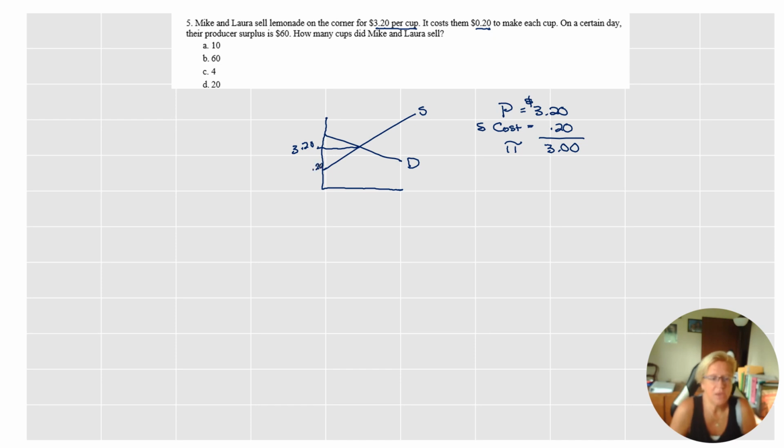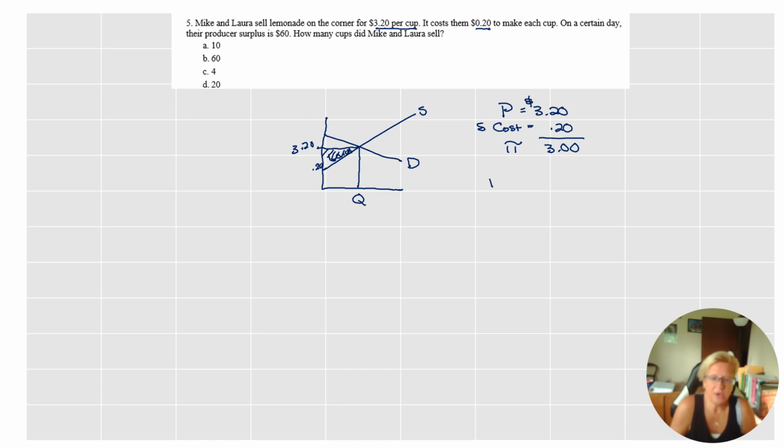Remember that producer surplus is the area below the price, above the supply curve, and we follow it over to the quantity that is sold. In this particular problem, they're telling you that the area here is $60. So that's how much their profitability is.